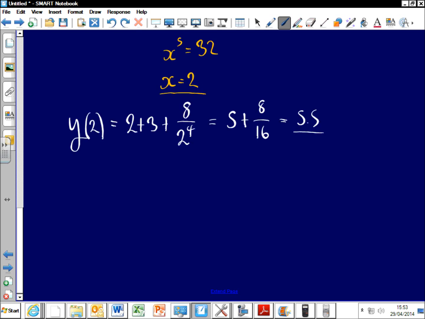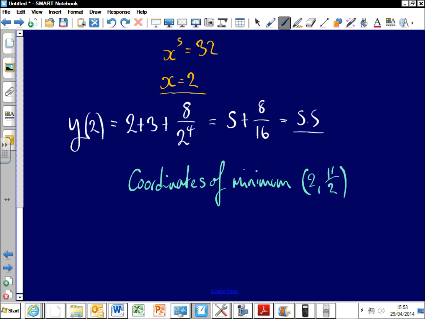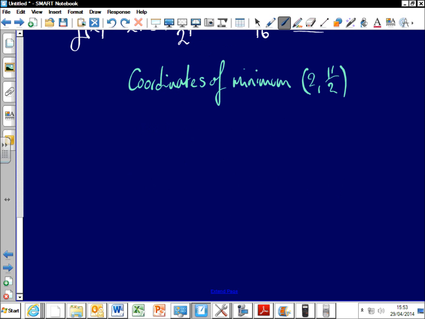So the coordinates of the minimum are 2 and 5.5, which is 11 over 2, or 5.5 or whatever you want. Okay, who managed to do that? That's 13 marks on this question already, right?